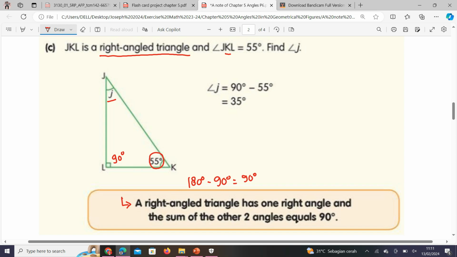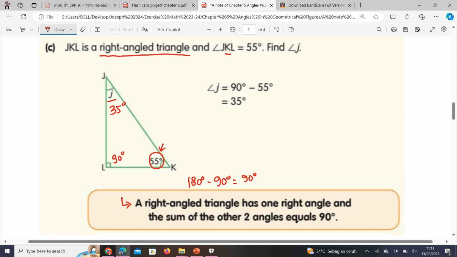So, after that, to find the angle of J, it is as simple as this. 90 degrees minus 55 degrees equals 35 degrees. So the angle of JKL plus the angle of J itself must be 90 degrees, right?